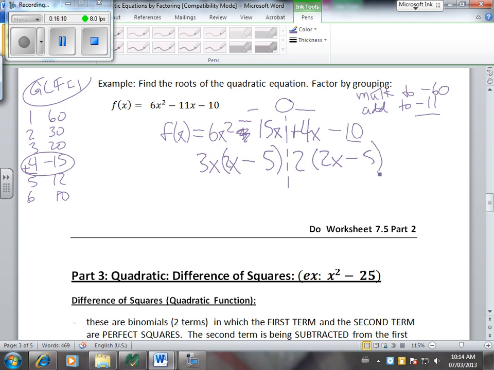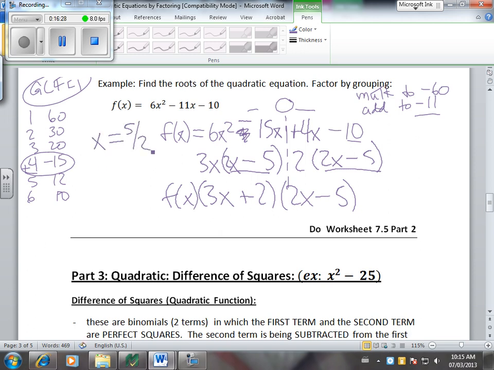And now I have matching brackets. So I can do 3x plus 2 and 2x minus 5. So that's my factored form, and my roots are x equals 5 over 2 and x equals negative 2 over 3.